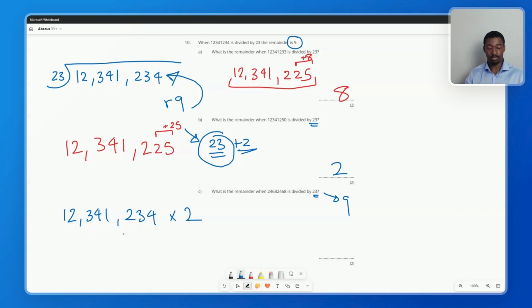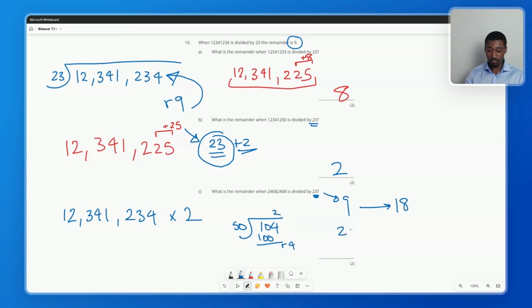Well, if we divide a number twice as big by the same divisor of 23, our remainder should double. It should go from 9 to 18. I mean, think about it. If we go back to our example with 104 and 50, 50 into 104, the remainder was 4, remember? So 2, remainder 4.